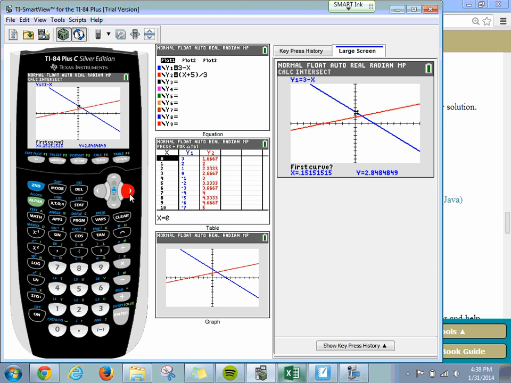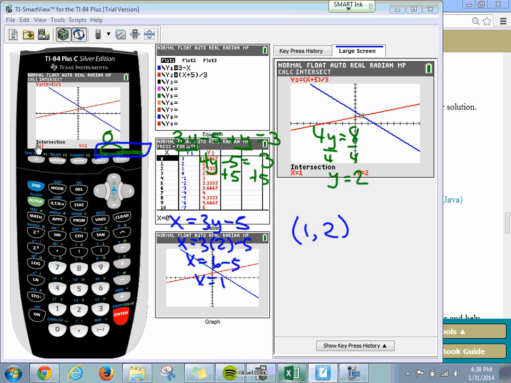And then you want to scroll over till you get about where you think that intersection point is for both of the lines. Hit enter 3 times, and it'll show us that our intersection is at the point x equals 1 and y equals 2, which verifies information we saw before.